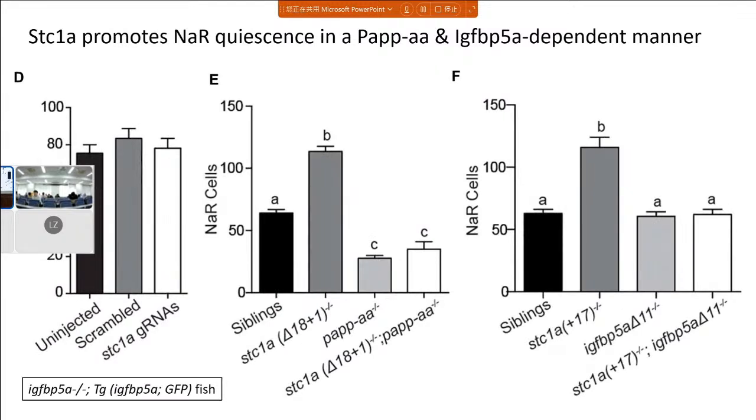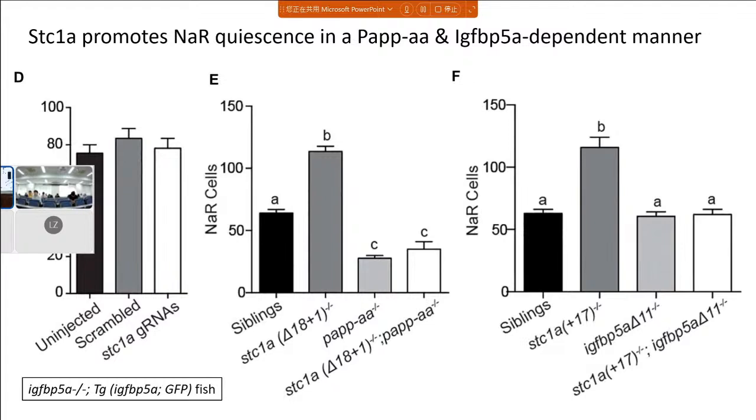And as for this result, likewise, STC1A knockdown had no effect on NR cell numbers under the absence of IGF binding protein 5A. And after confirming the roles of PAPPAA and IGF binding protein 5A in NAR quiescence, they further measured NR cells with double mutants.